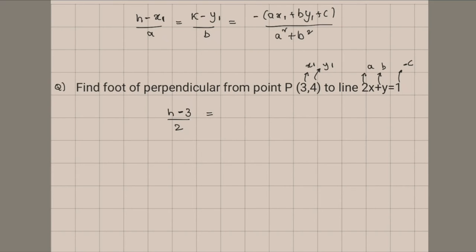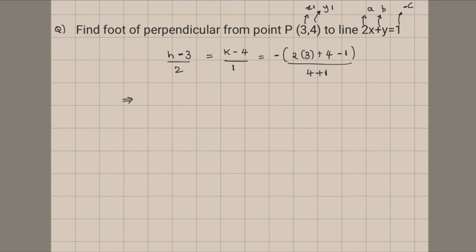Similarly, (k minus y1) by b, which is 4 by 1, equals minus of (2 into 3 plus 4 minus 1) by (a squared plus b squared) which is 4 plus 1. So (h minus 3) by 2 equals minus of (6 plus 4 is 10, 10 minus 1 is 9), minus 9 by 5.